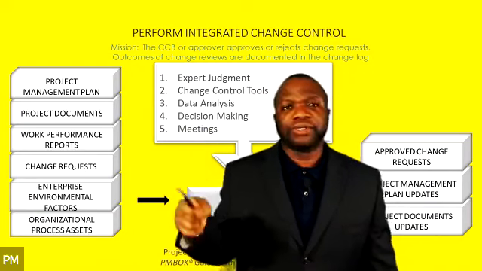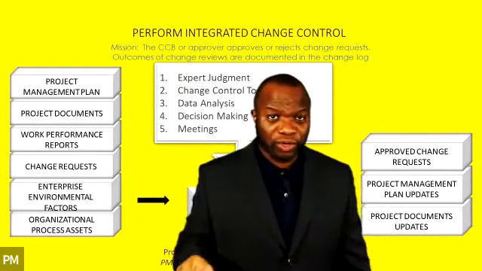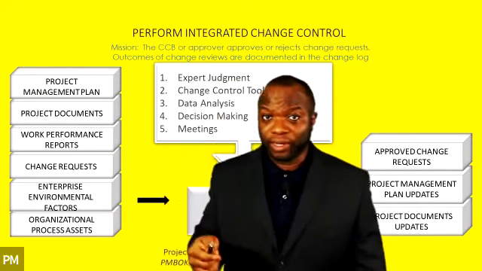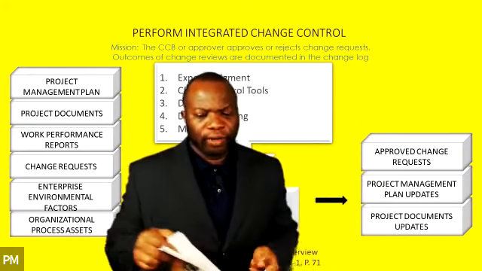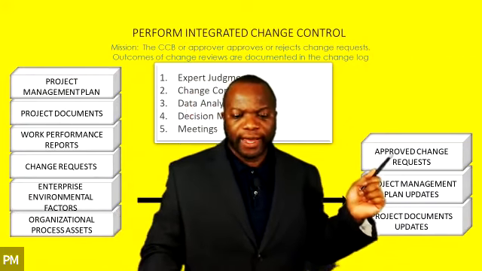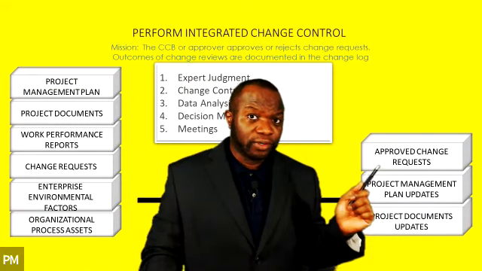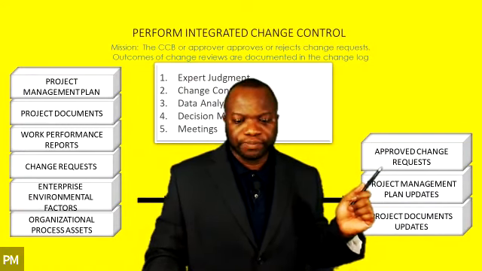Meetings: change control meetings, change management meetings, whatever you want to call them, meetings of the change control board to decide upon the outcome. Okay. Now, over here, we have approved change requests, and this refers to an outcome of approval. You're approving the change request and saying, yeah, we'll go ahead, we'll do it.